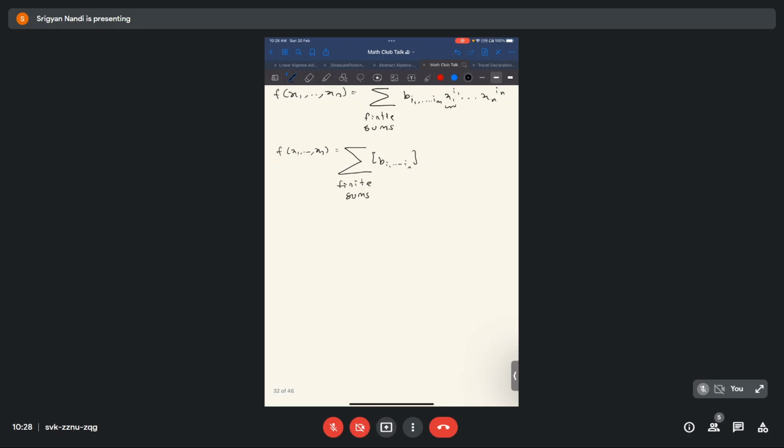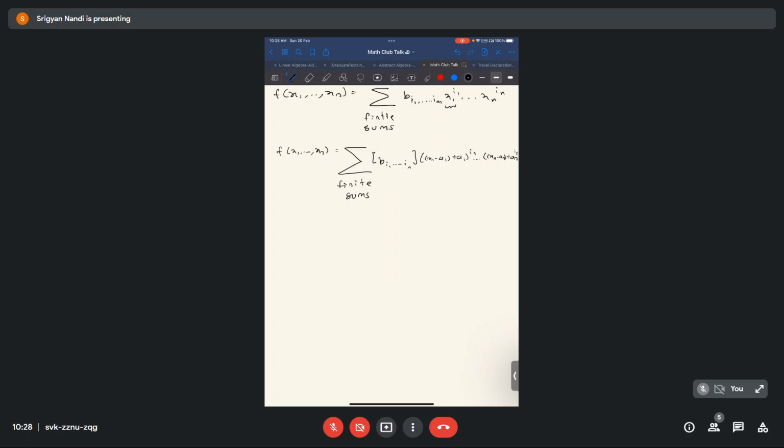Each of these terms, xk power ik, we represent as follows. Starting with x1, x1 power i1 is basically (x1 minus a1 plus a1) power i1. Similarly, we do this all the way till xn, which gives us (xn minus an plus an) power in. So this is how we choose to represent it.